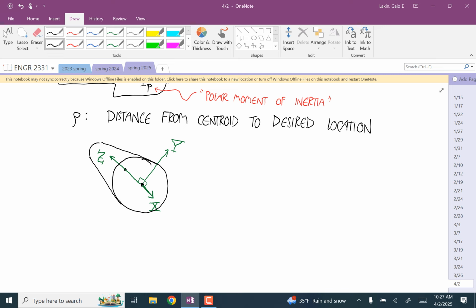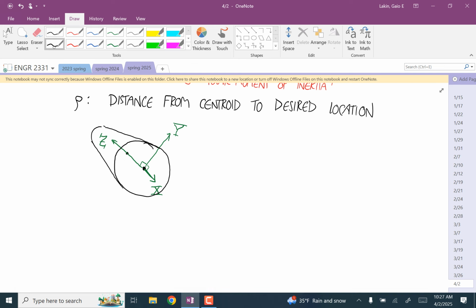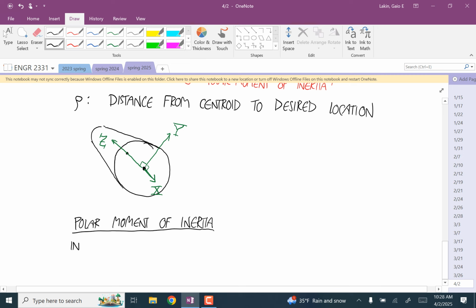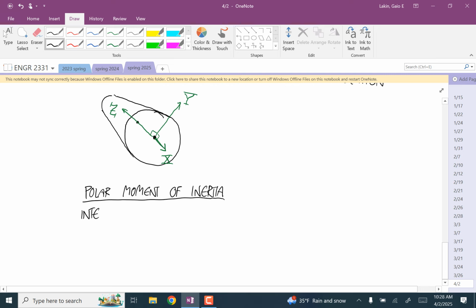The first thing we have to be able to calculate is the polar moment of inertia. It has an integral definition because moments are always a mathematical definition using integrals.